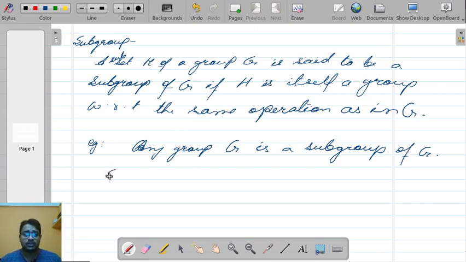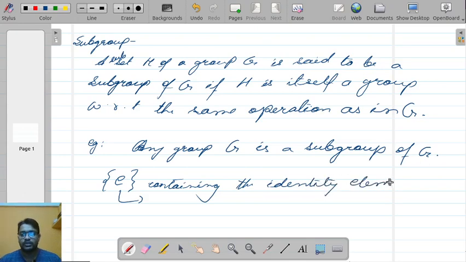So another trivial subgroup is singleton E, that is, the identity element only, is a subgroup of the concerned group.